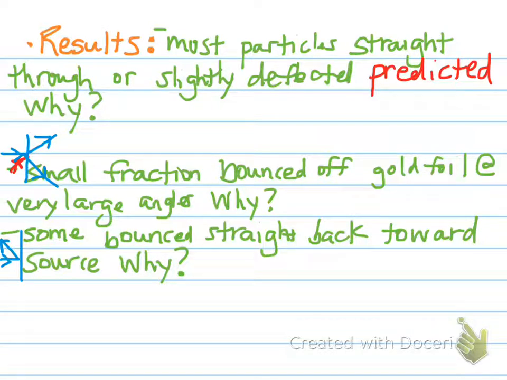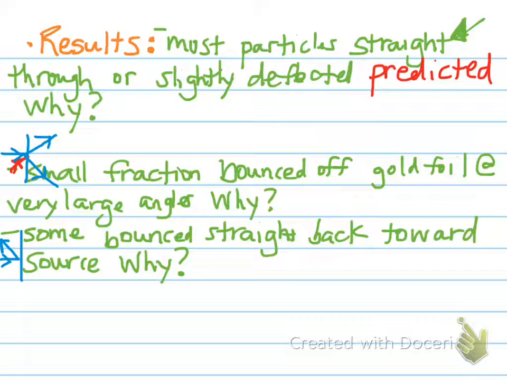A way for us to kind of think about that is, here's what he really was expecting, right? And think about your everyday experiences. If you shoot a cannonball at a barn, what do you expect it to do? You expect it to go through the barn, right? That's what he was talking about up here, okay?